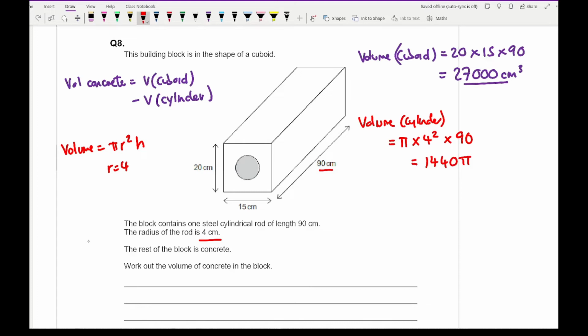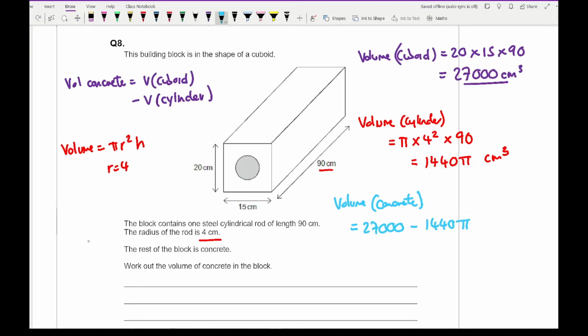I'm going to leave my answer in terms of pi just because I've not finished the question. So the volume of the concrete, let's actually do that in a different color, is going to equal 27,000 minus 1440 pi. Now, if you've written that as a decimal, absolutely not a problem.